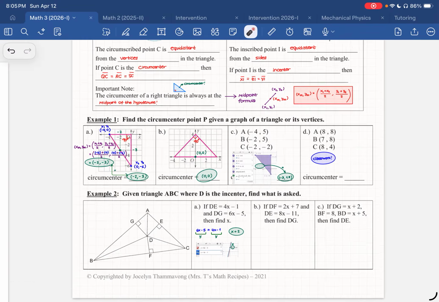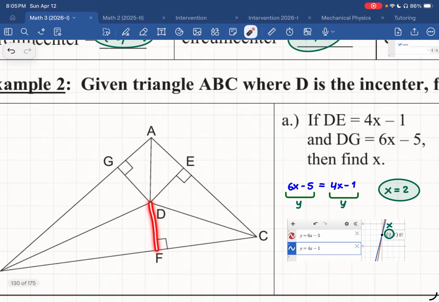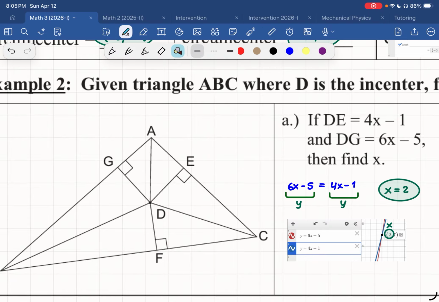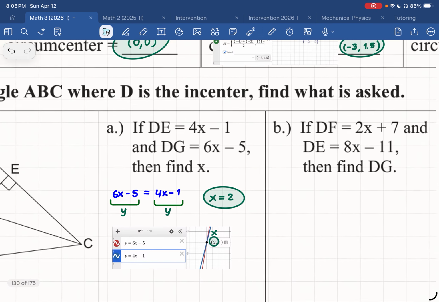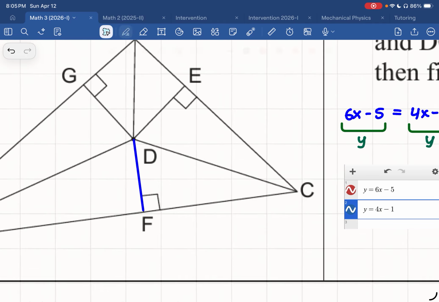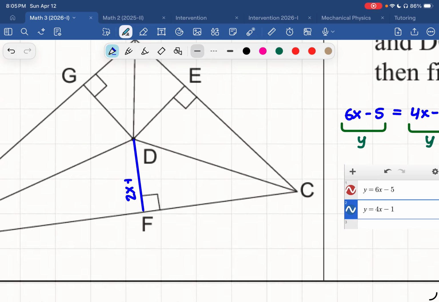So DF, which is this one, is 2x plus 7. I'm going to write it here: 2x plus 7, right? And so on.